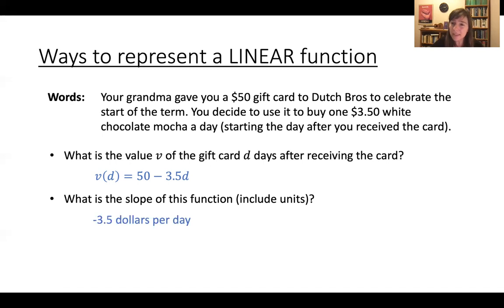And it's always the case, and this is actually surprising to my calculus students when I tell them this also, that the units on your slope are always the units of output divided by the units of the input. So the units of the output is dollars, the units of the input is days, and so the units of the slope is dollars per day.